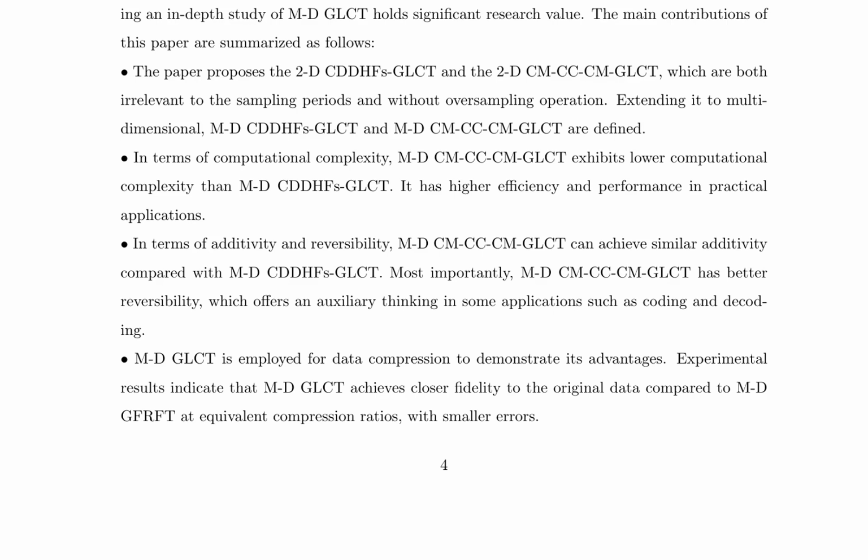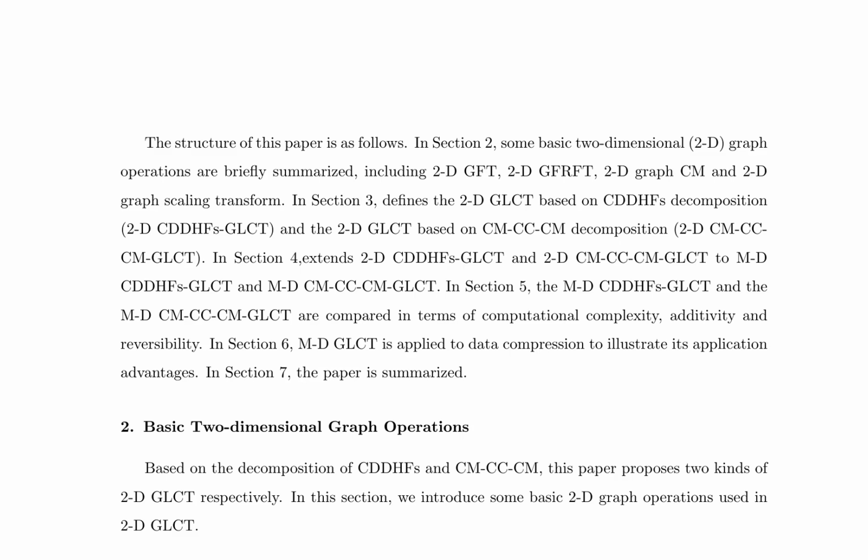Experimental results indicate that M-D GLCT achieves closer fidelity to the original data compared to M-D GFRFT at equivalent compression ratios, with smaller errors. This research paper proposes two novel graph-based transforms, namely 2D CDDHFs-GLCT and 2D CM-CC-CM-GLCT, and extends them to M-dimensional versions.